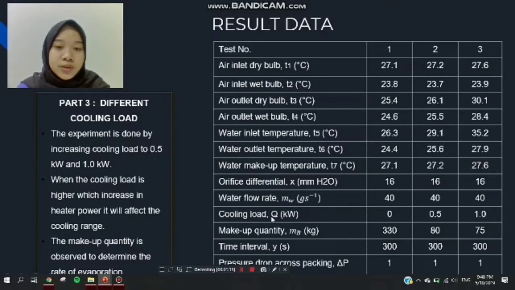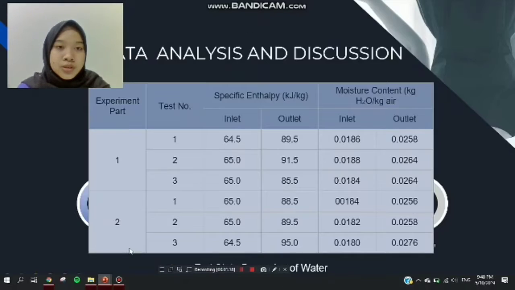We adjust the cooling load from 0 kilowatts in the first test, to 0.5 in the second test, and to 1 kilowatt in test number 3. We want to observe the makeup quantity, which determines the rate of evaporation.